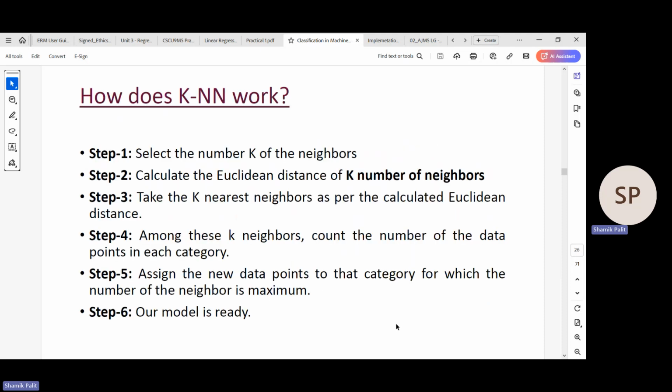You can see the steps mentioned over here. Our main intention is to calculate the Euclidean distance, which is very important over here, and which determines the number of neighbors in any specific KNN algorithm. Following the subsequent steps, we can make our model ready.